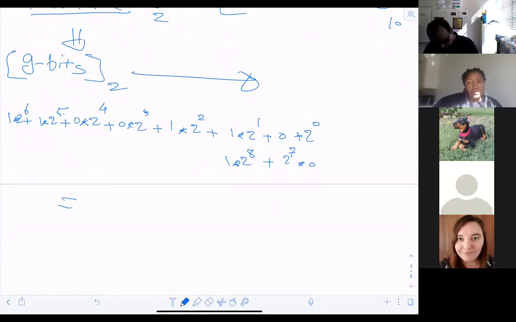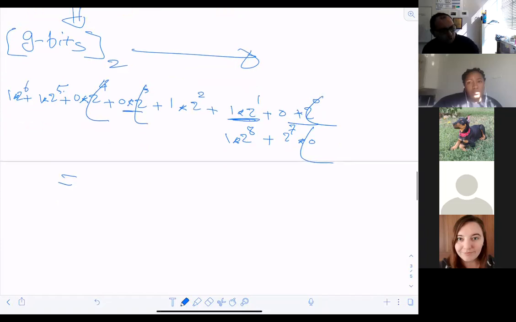Let's see. So this one is out. This one is out. This one is out. This one is out. So the only one we have is 2 power 1 times 1 is 2. And this is 4. And this is 32. And this is 64.